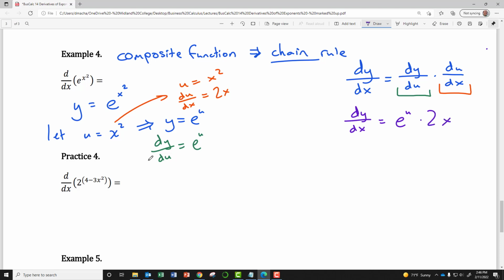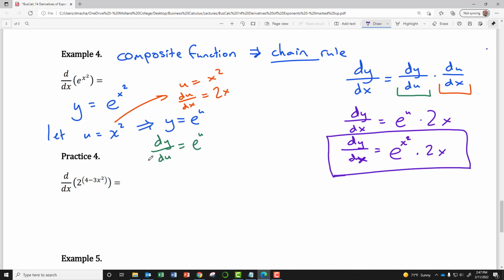What I really want is my derivative in terms of x, because u is just something that I made up. So to get rid of this u, we substitute the definition we gave u in the first place, which is x squared. So this is going to be e to the power x squared times 2x. And that's what we're looking for.